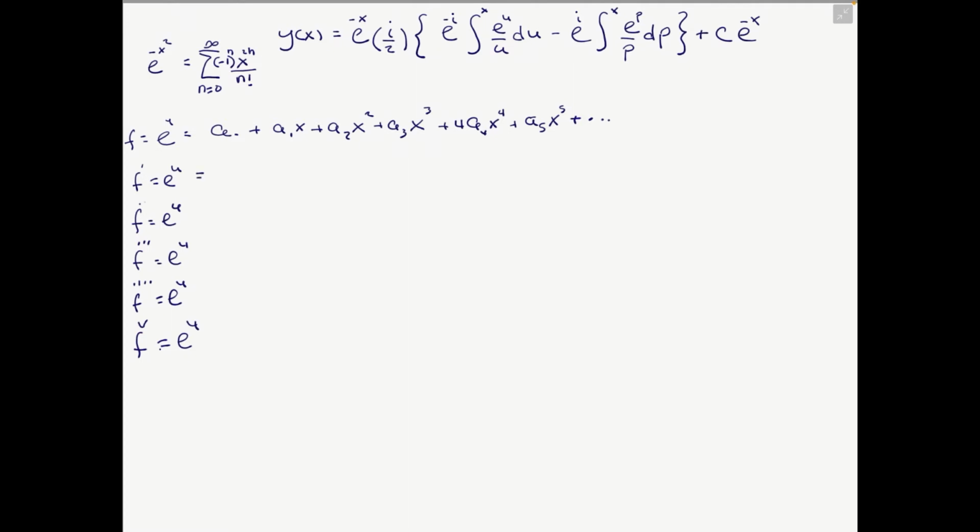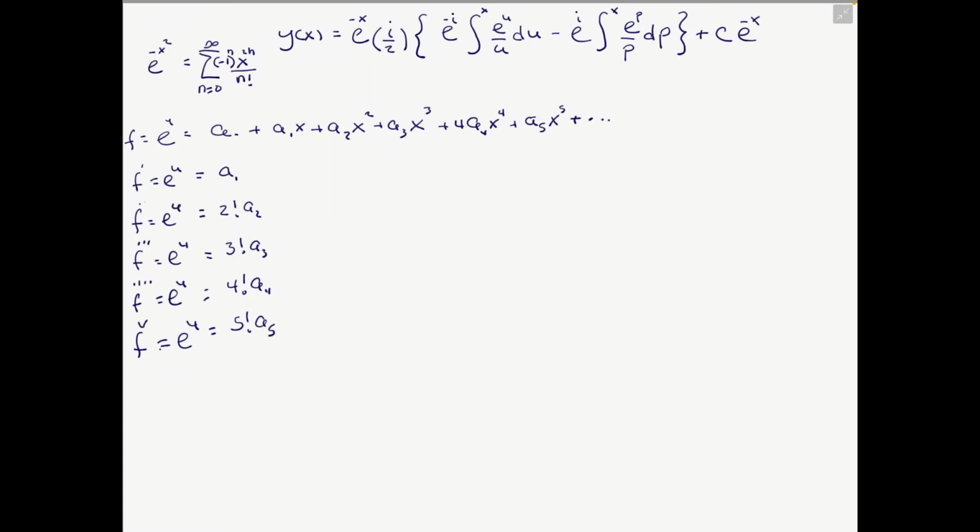And these will equal, now as you take each derivative, a term drops out, and so you have a1, 2 factorial a2, 3 factorial a3, 4 factorial a4, 5 factorial a5.